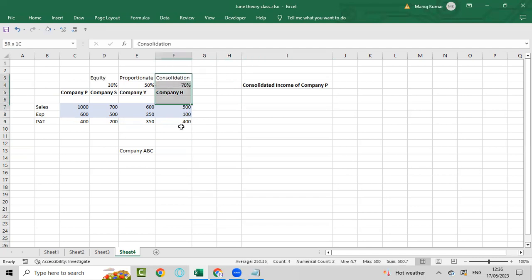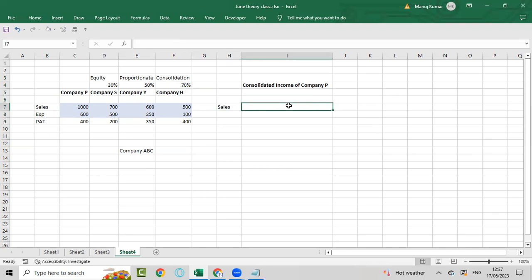वो सब्सिडरी है, इसलिए सब्सिडरी के केस में ट्रीटमेंट यही होता है। In case of subsidiary, we add all the sales and all the expenses, even if we don't own 100% stake in the company. Okay. Now, sales.